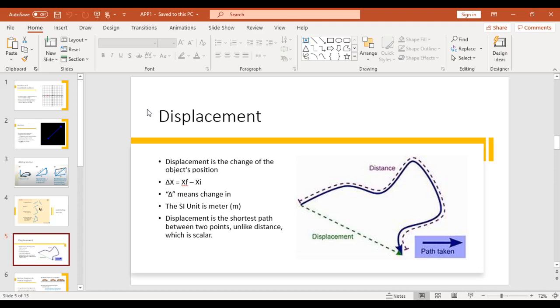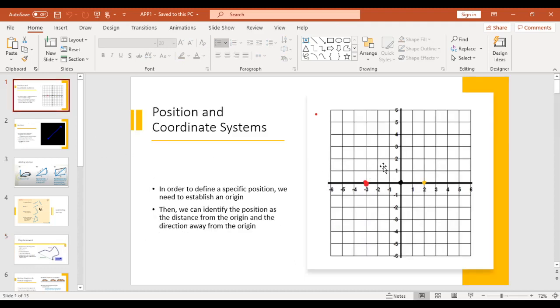So it's notated as the change, this little triangle, in position, which would equal the final position minus the initial position. So back to our graph. If I were to ask you what is the displacement from the red dot to the yellow dot, well, we are going to the yellow dot, but we are starting at the red dot, right?